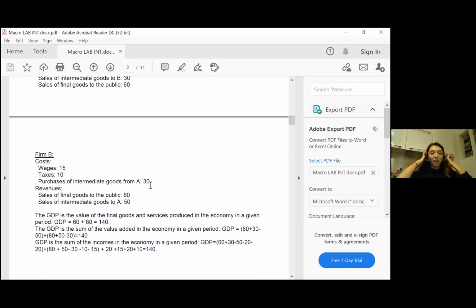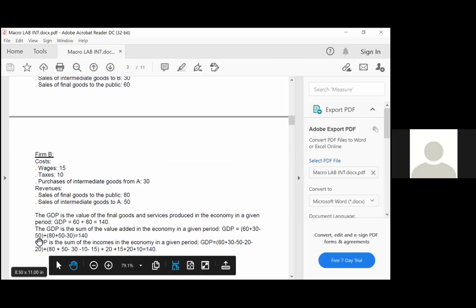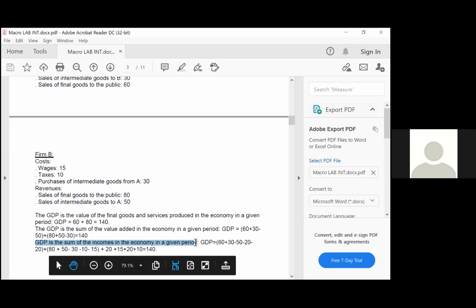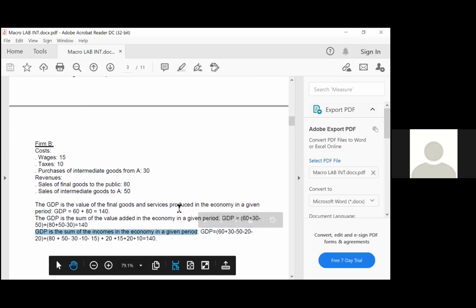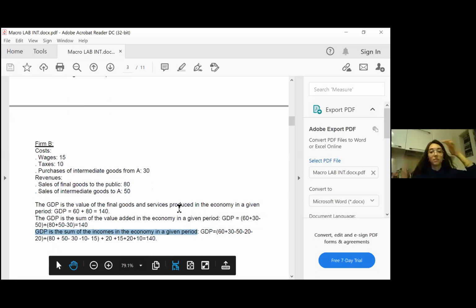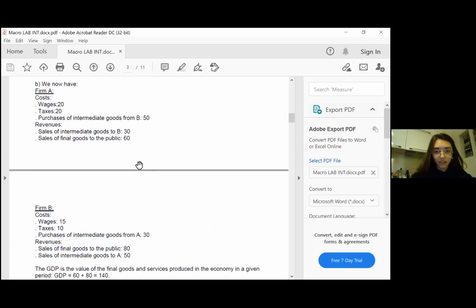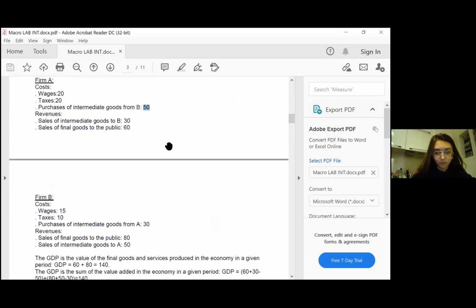There you go. And then last but not least, the third definition, GDP as the sum of incomes in the economy in a given period. So again, be sure that you take into consideration all the income. So income from firm A is going to be 60 plus 30, so other revenues, minus other costs. So minus 20 of wage, minus 20 of taxes, and minus 50 of purchases.